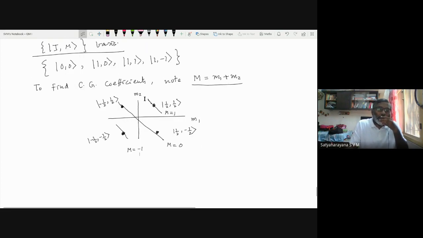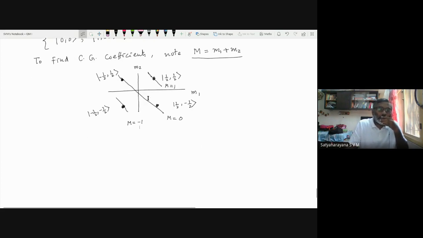From this, we have a great simplification in the sense that capital M equal to plus 1 will come only from one state. When I expand the capital M equal to plus 1 state, I will get only one term. So because of this constraint, we can write the following.